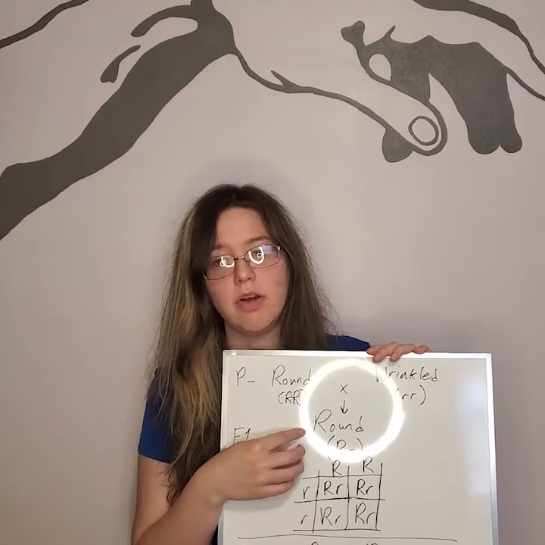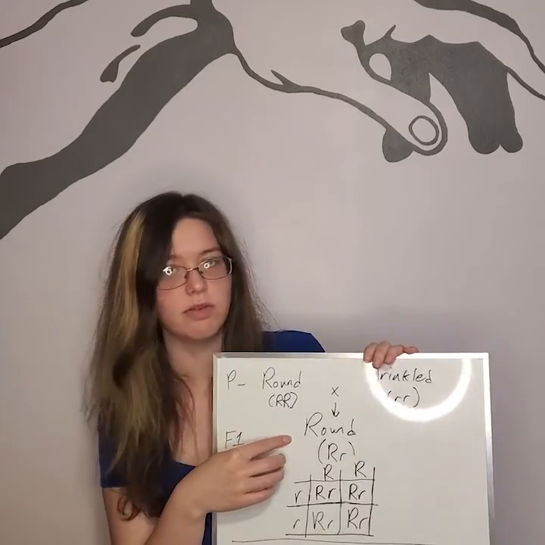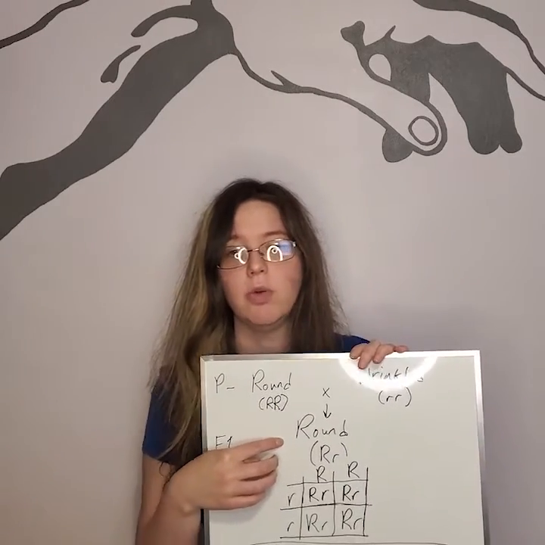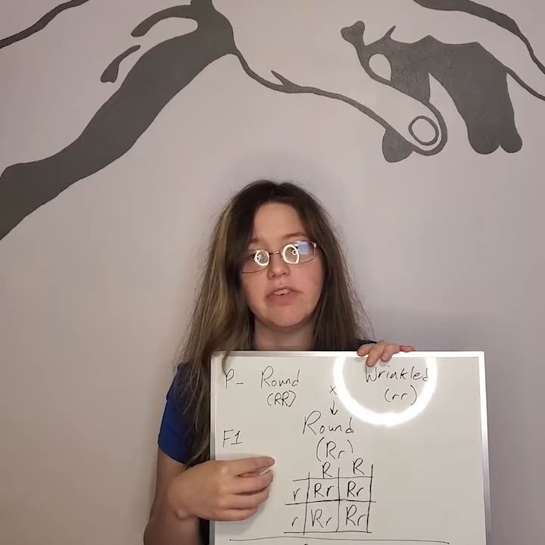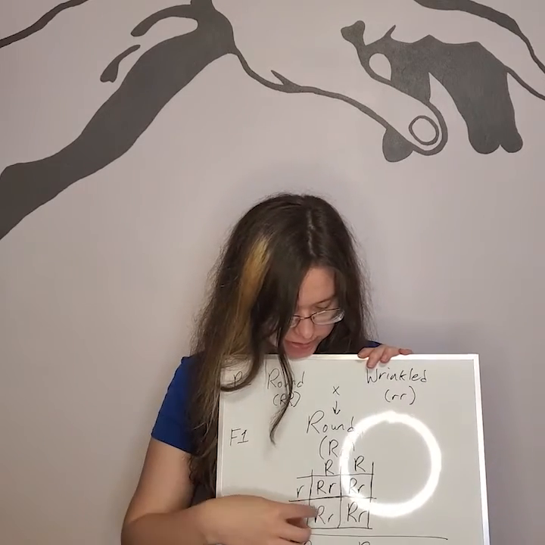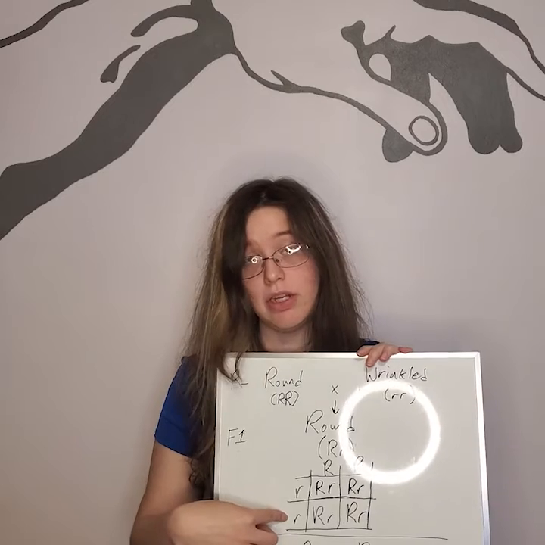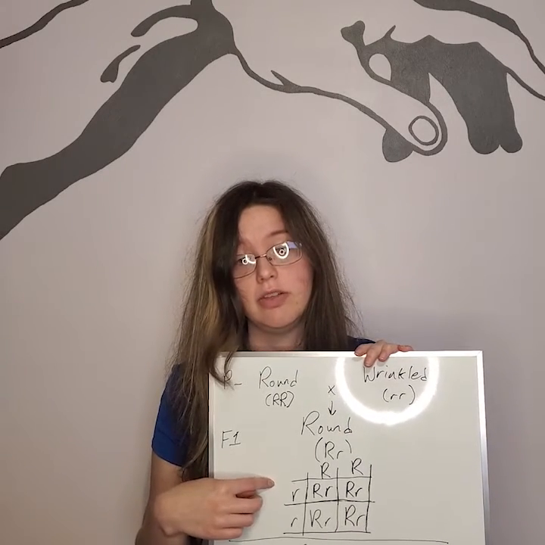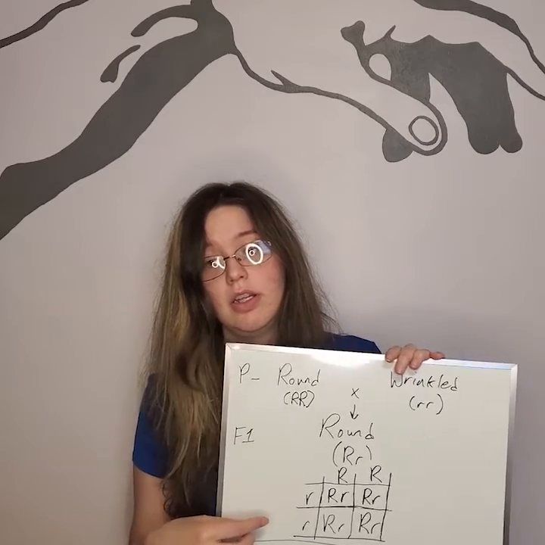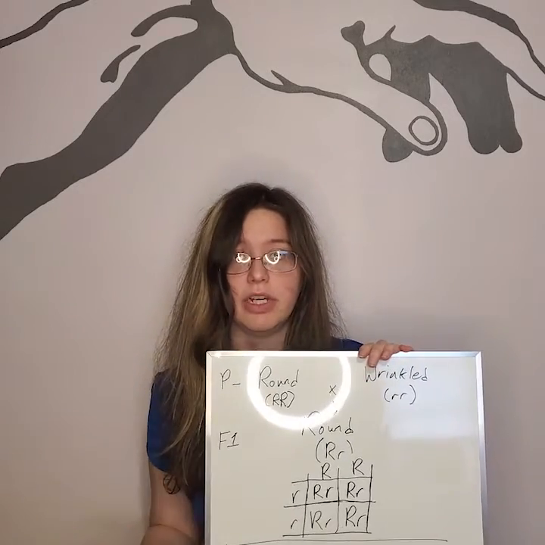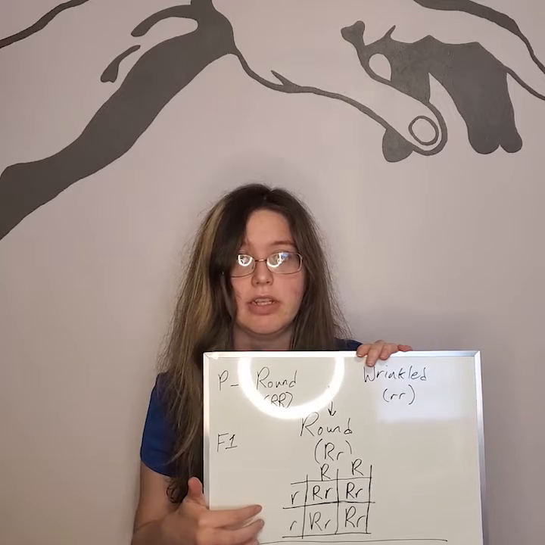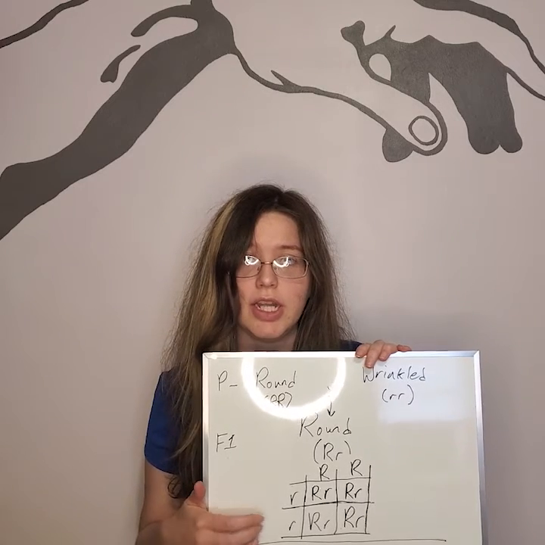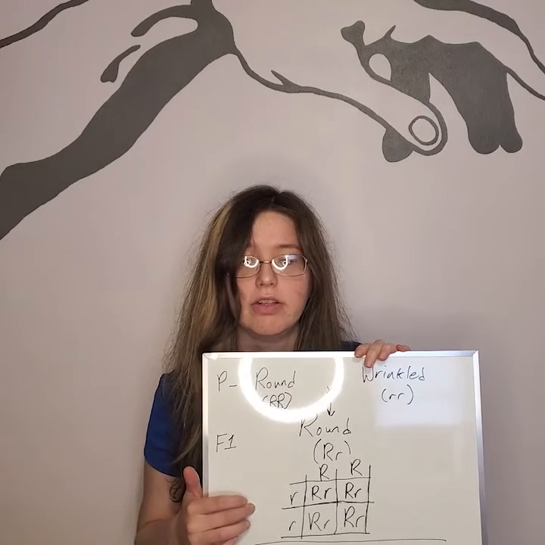All the offspring for this, the F1 generation, had 1 allele from the recessive trait, the wrinkly seeds, and 1 allele from the round seeds, the dominant trait. So all the offspring expressed round seeds as their phenotype, and they were all heterozygous.